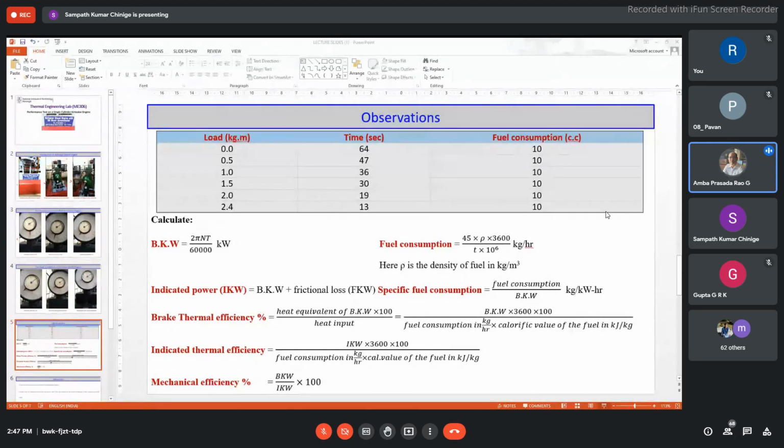So I'll try to show how we arrive at the friction power of an engine with the help of some calculations on the board. Is it okay, Dr. Sampath? Sir, yeah, sir, I can play that, sir.